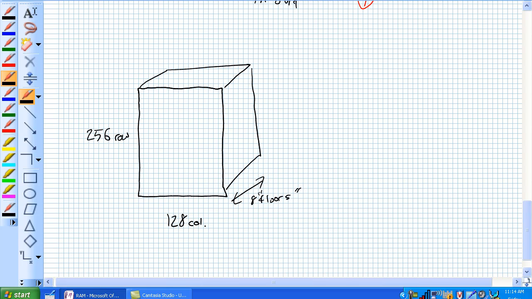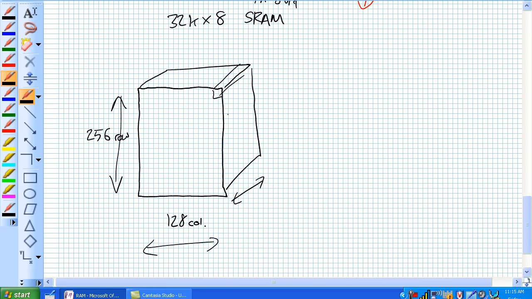Just think about it as 8 floors to the skyscraper. So basically 32K by 8 SRAM, which is asynchronous for this particular application here. So again, that's 256 streets by 128 avenues, and you've got individual skyscrapers located at those addresses.